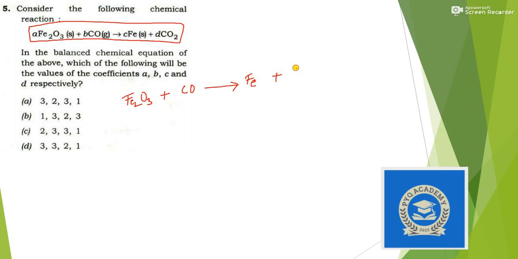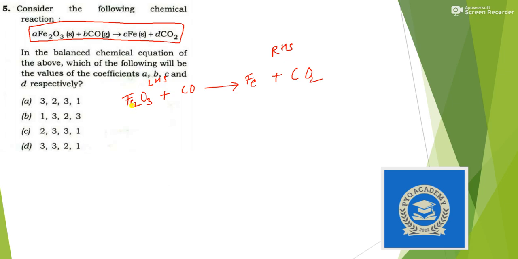Which one of the following chemical reactions? Okay, so this is a chemical reaction given here, and now we have to balance this equation. Let me write this equation. Fe2O3 plus CO becomes Fe plus CO2. This is LHS and this is RHS, and we have to equalize the atoms.